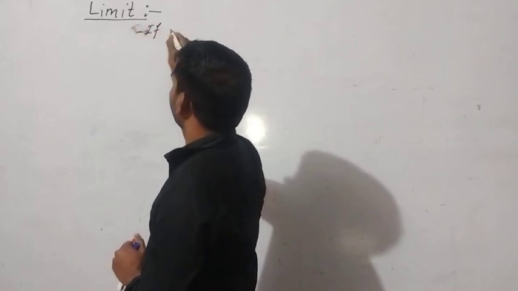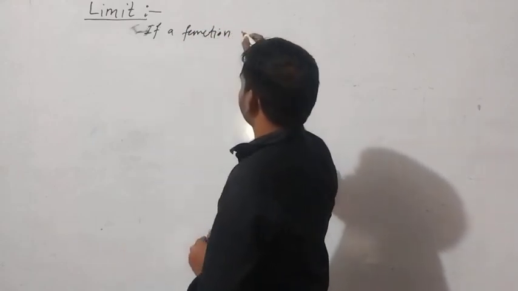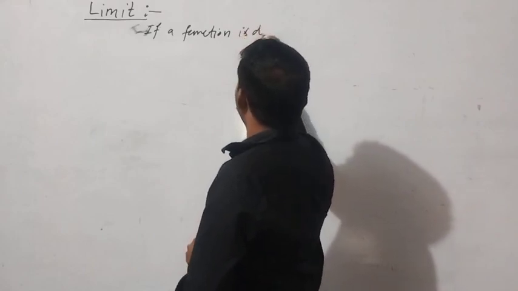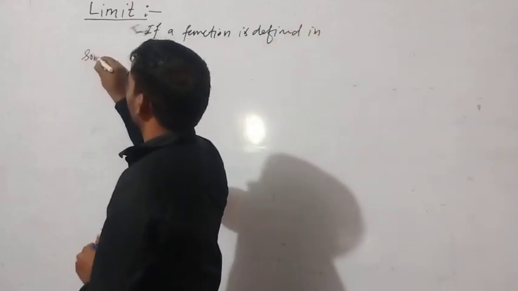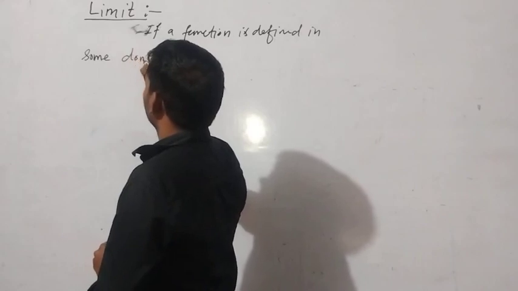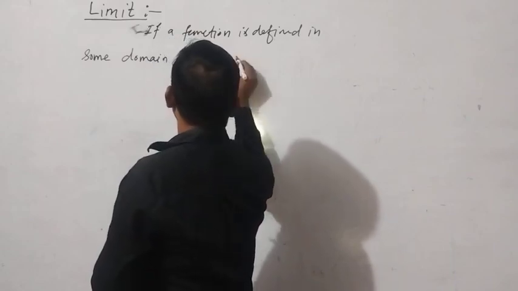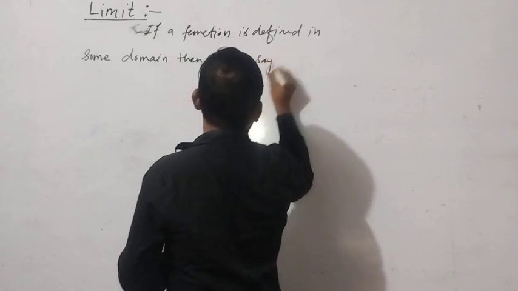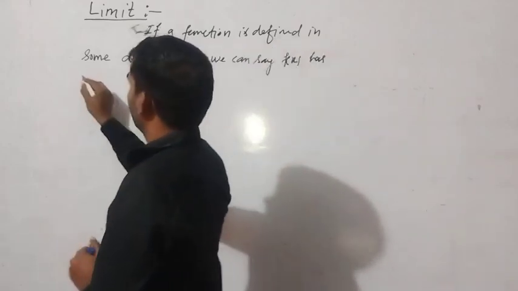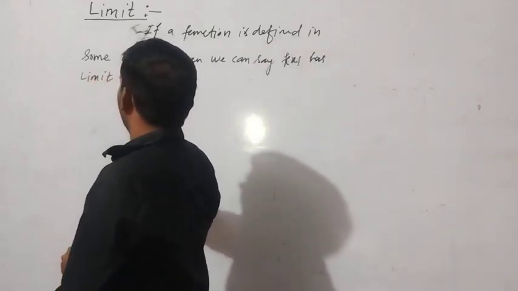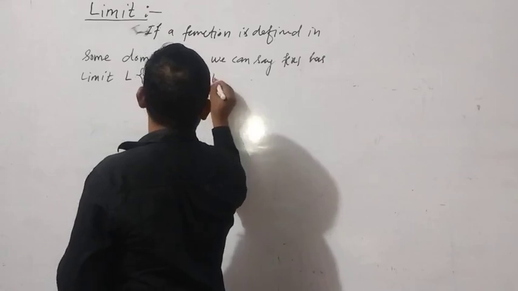Okay, so limit, as I told you, if a function is defined in some domain, then we can say f(x) has limit L, which is a fixed and finite quantity.